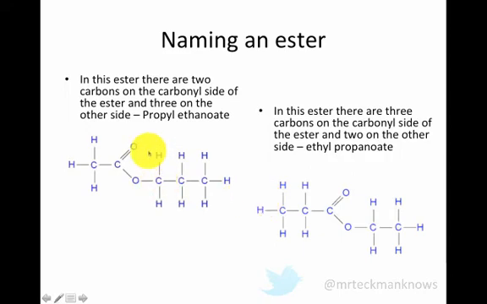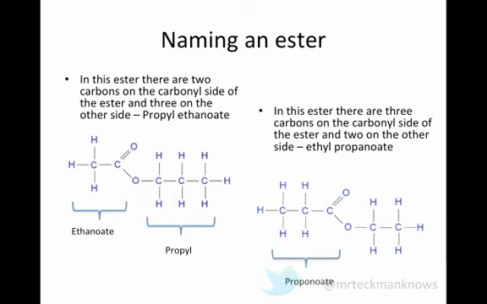In this ester, there are 2 carbons on the carbonyl side and 3 on the other side. So it's propyl ethanoate. 2 carbons on the carbonyl side, ethanoate. 3 carbons on the non-carbonyl side, propyl. It must have been the alcohol. I think it's easier to look for the carboxylic acid bit first.